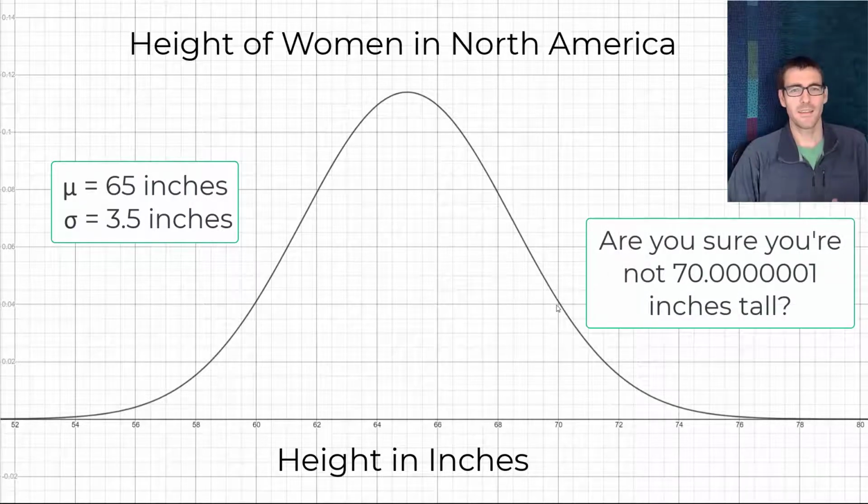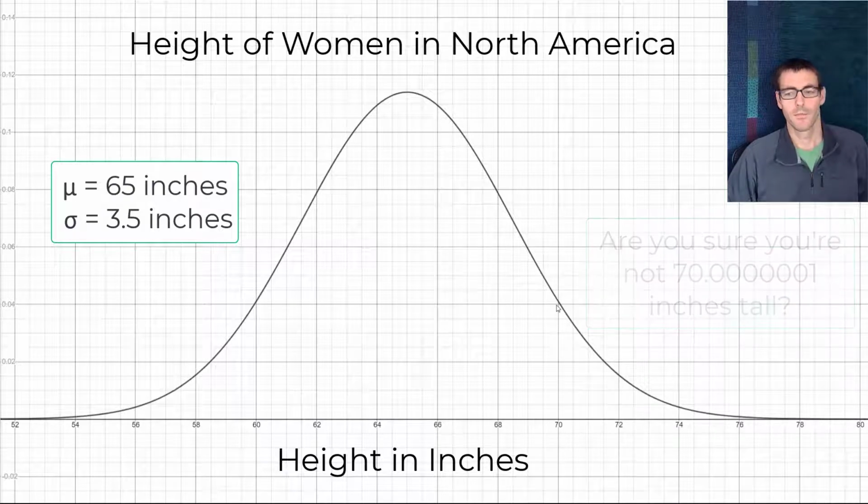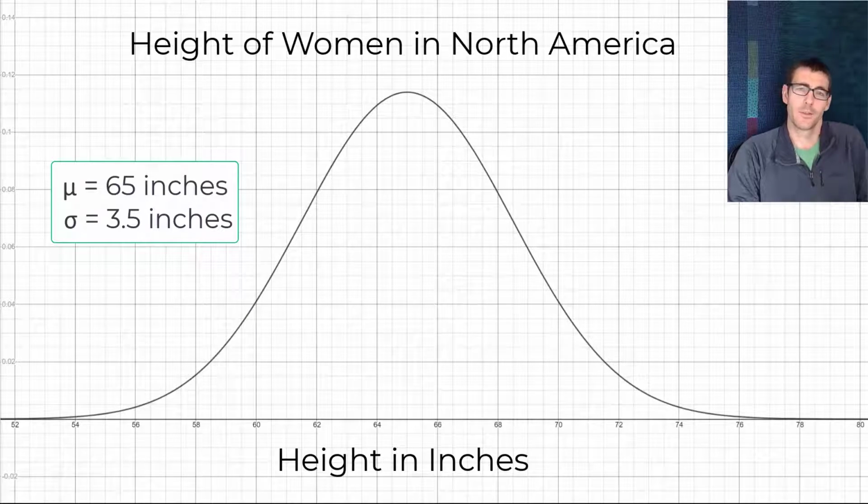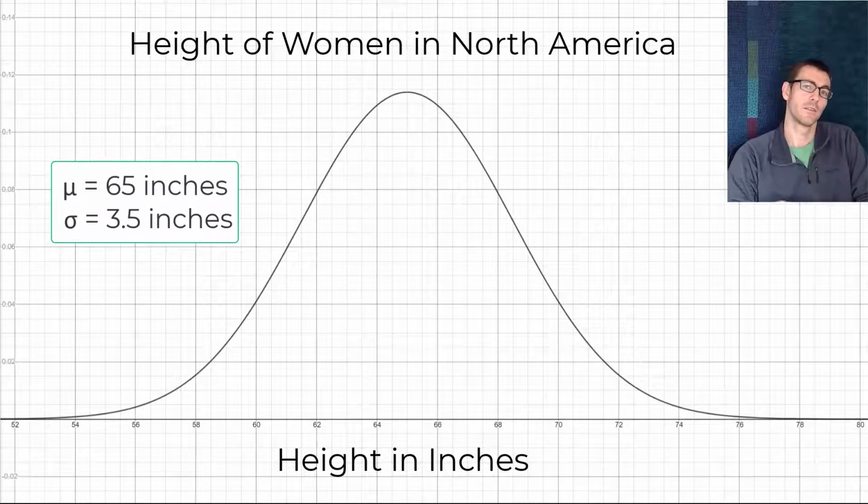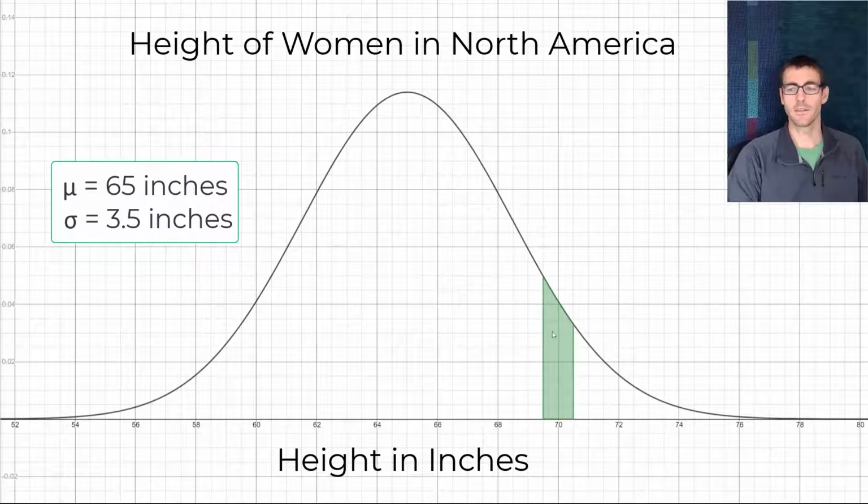What they really mean is that they're roughly 70 inches tall. Typically, if you say you're 5'10", you mean you're closer to 5'10" than to 5'9" or 5'11". So really, rather than being exactly at 70 inches, you're somewhere in this shaded region.